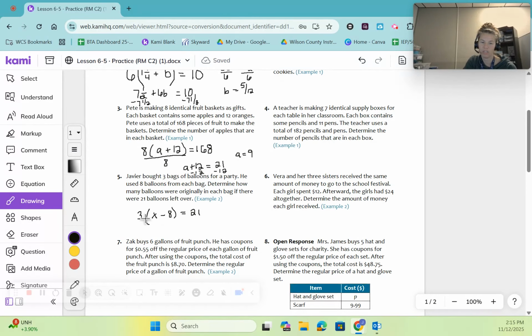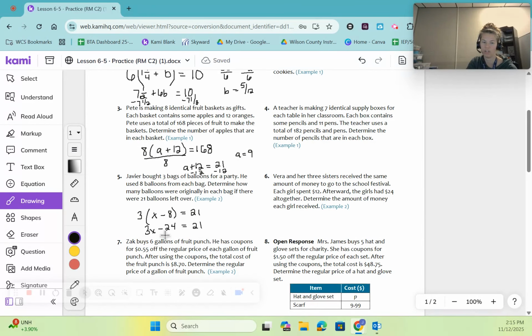We're trying to figure out how many were originally in each bag. There were 3 total bags, and he used 8 from each of those bags. He used them, so that's going to be a minus. That's how I knew it was minus 8 here. So the total minus the 8 he took from all 3 bags, so he actually took a total of 24 balloons. So we have 3x minus 24, the amount he used total, equals the 21 that is left over.